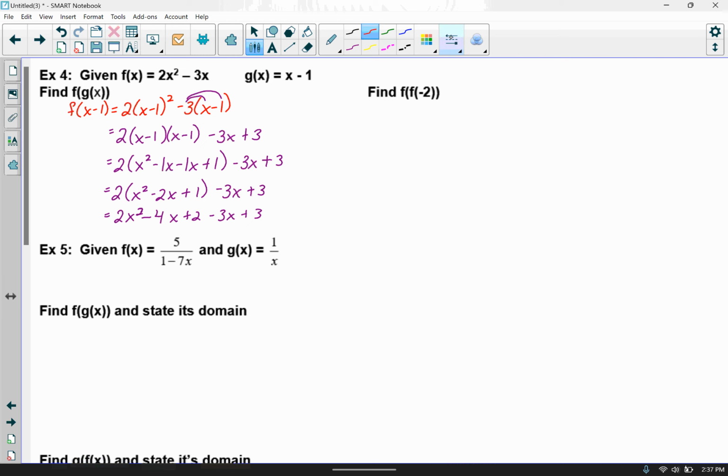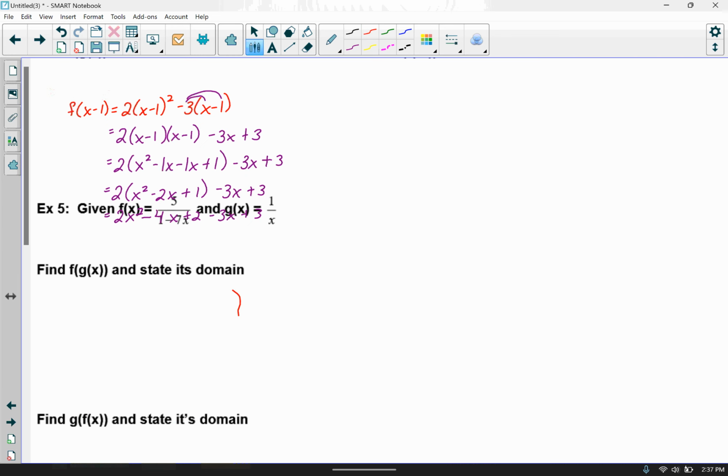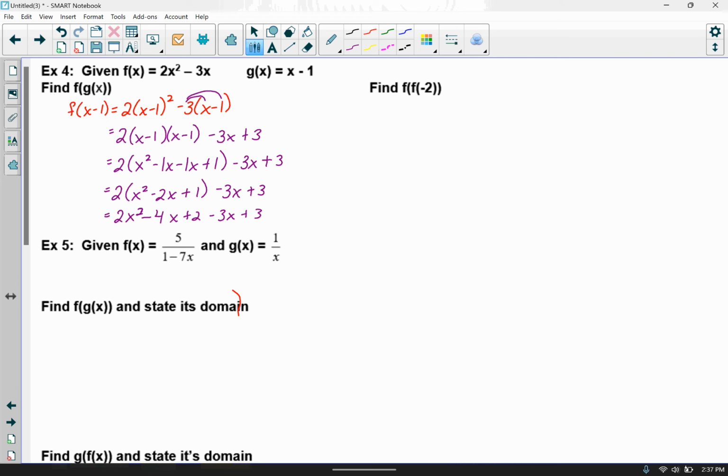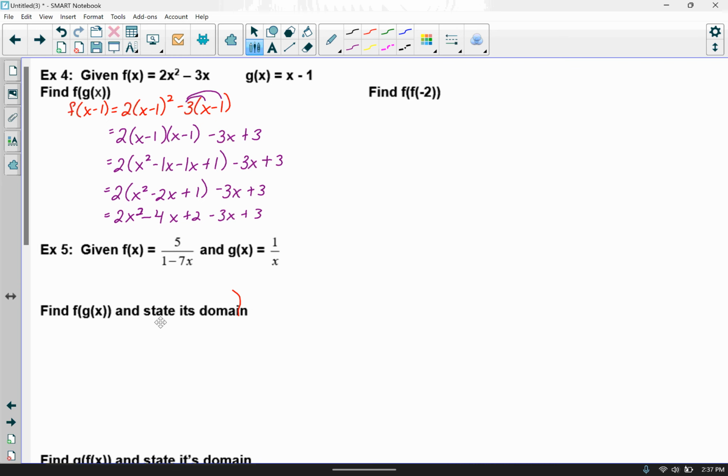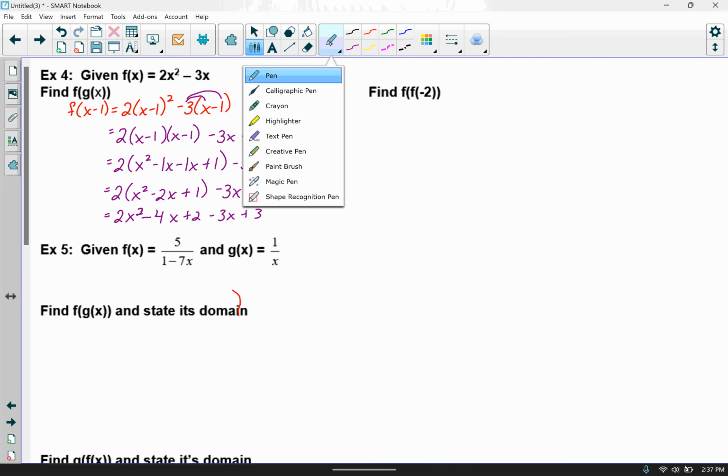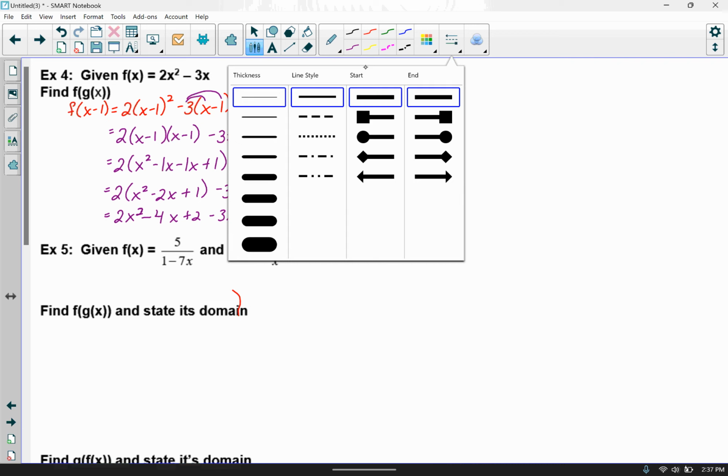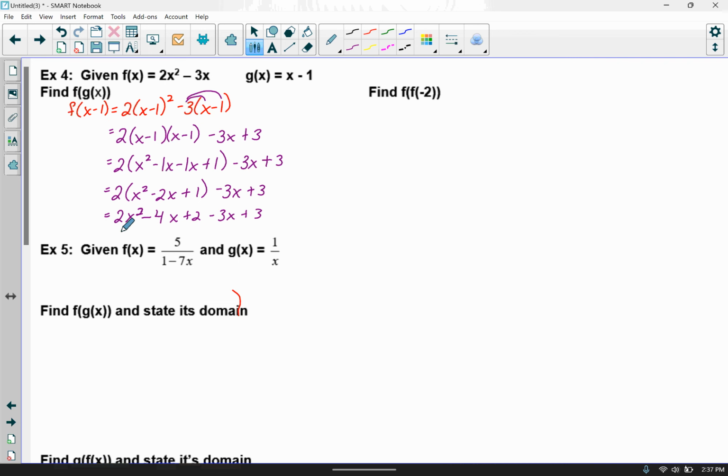All right, last step. Combine like terms. So that gives me then 2x squared minus 7x plus 5. That would be my final answer.